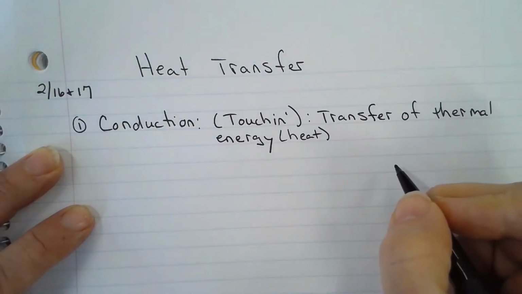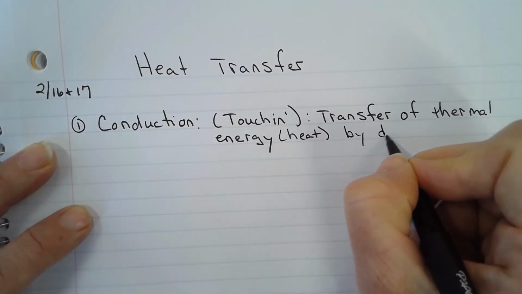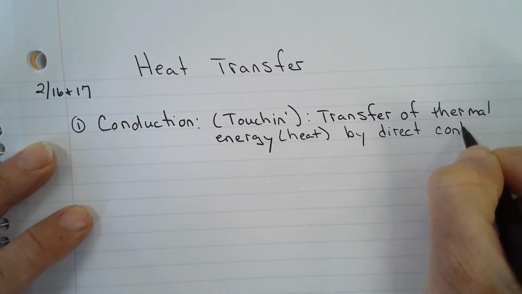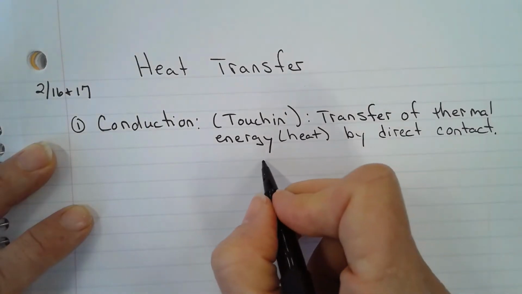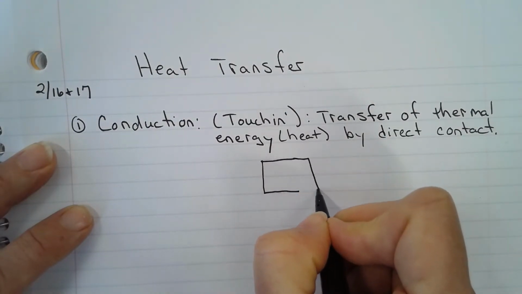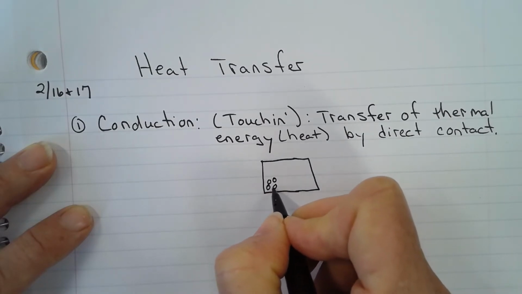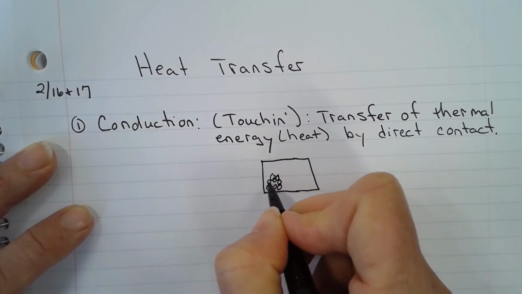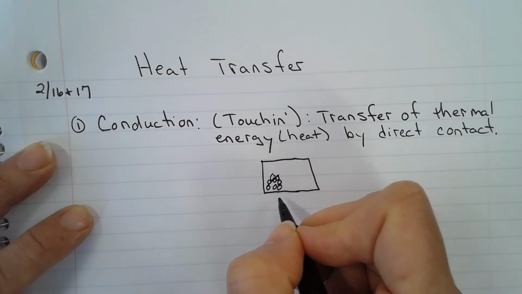Heat is the transfer of thermal energy by direct contact. And in the video that we watched, they showed how once the molecules or the atoms get heated, as they heat up, they transfer through direct contact. So this energy is being directly transferred through contact.